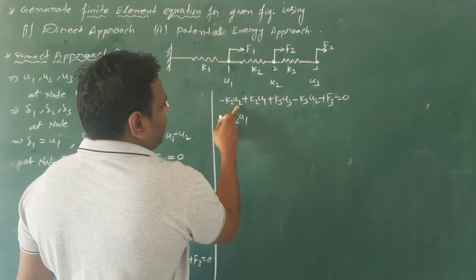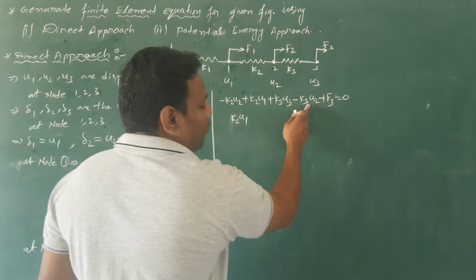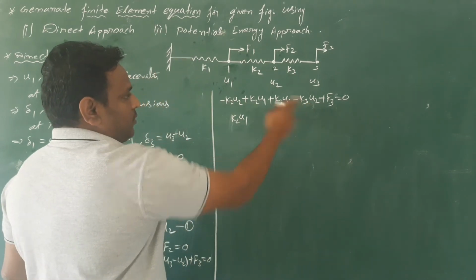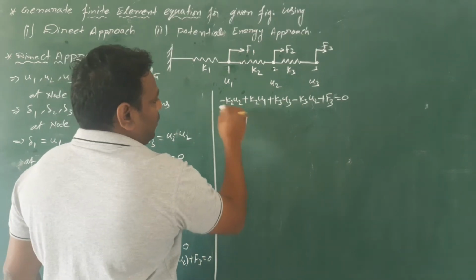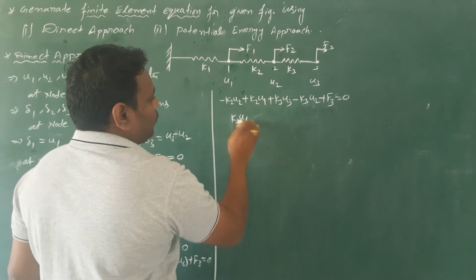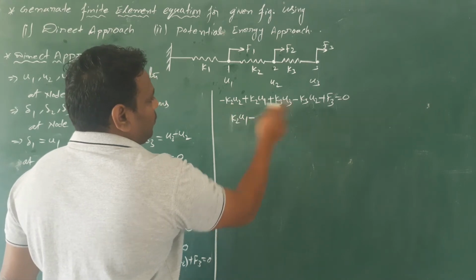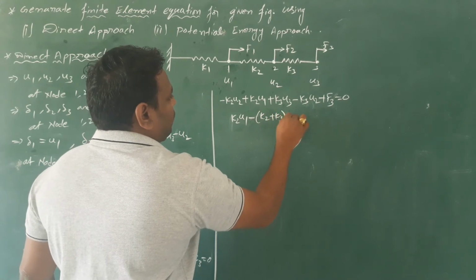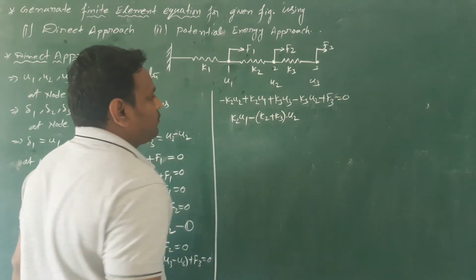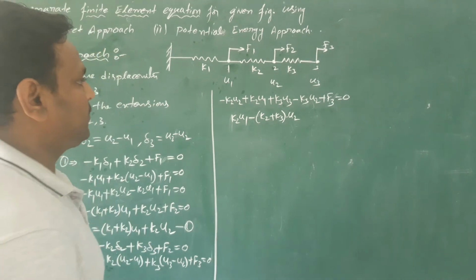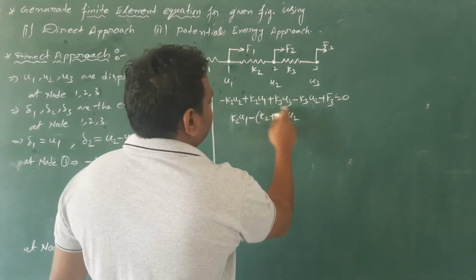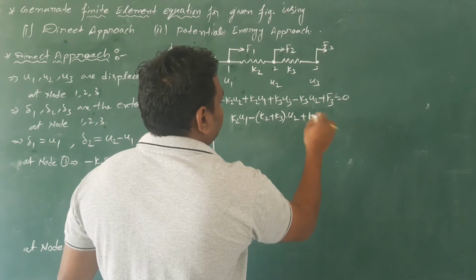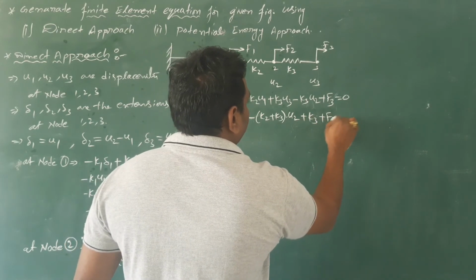U2 has two components, both in the negative direction, so minus (K2 plus K3) U2. Next, only K3 U3 is there, plus F3 is equal to 0.